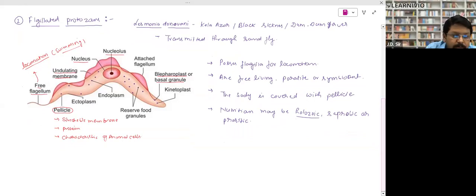Holozoic is when organisms take in the nutrition inside their body and then they break it down.